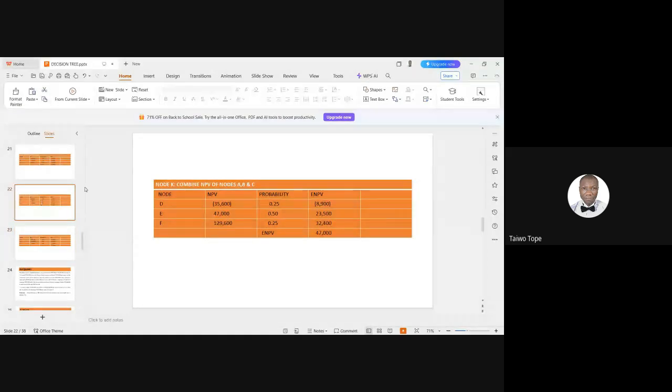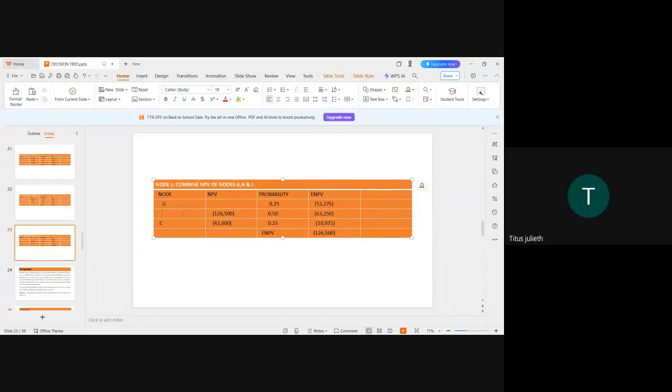I didn't change this so that when I forward the solution, I will not get many questions. D, E, F. So now for L, the nodes will be what now? G, H, I.